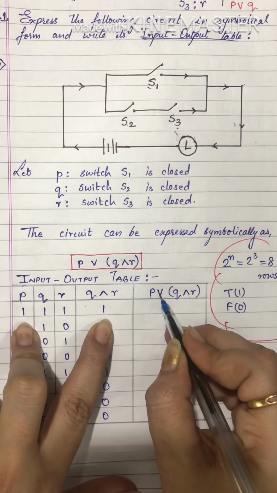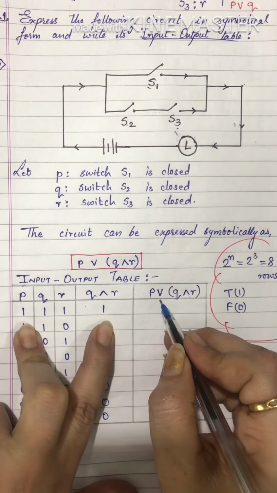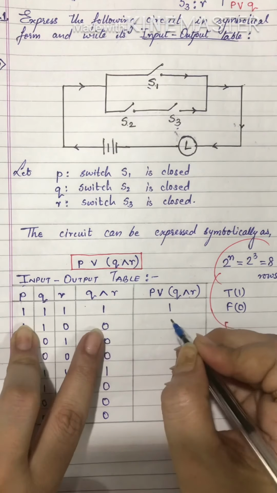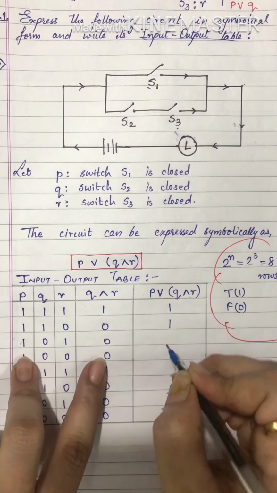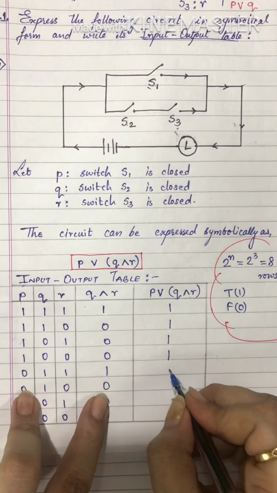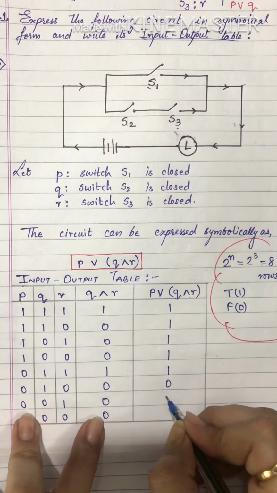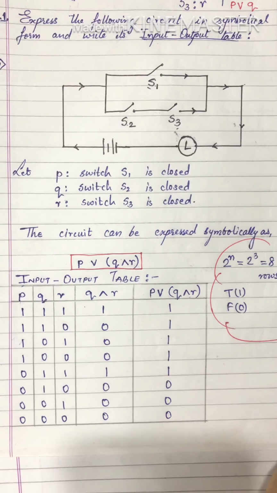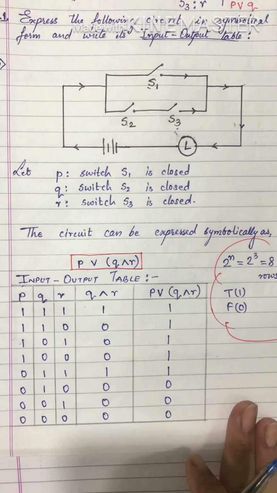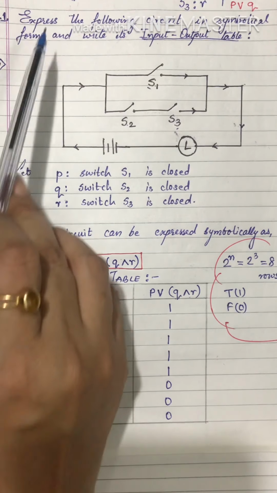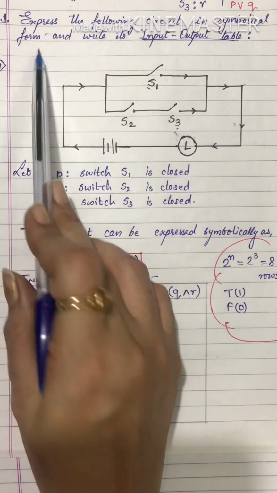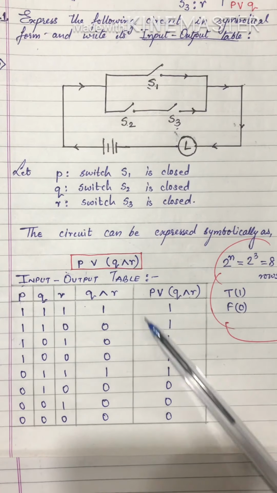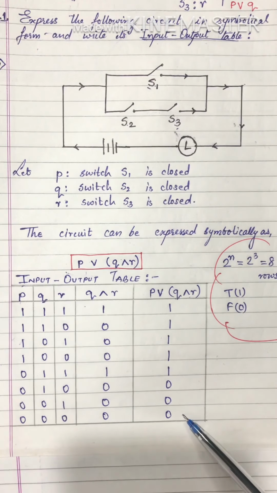Now for OR connective, you can take help of the addition operator. 1 plus 1, always consider 1 for binary. Then 1 plus 0 is 1, here again 1, 1, 1, here 0, here 0, and here 0. Just check the values once again if they are correct. Fine. Now the sum is done. Simple. The question was to express the following circuit in symbolical form, that we have done here, and write its input output table, and we are done with it. This is how we write an input output table.